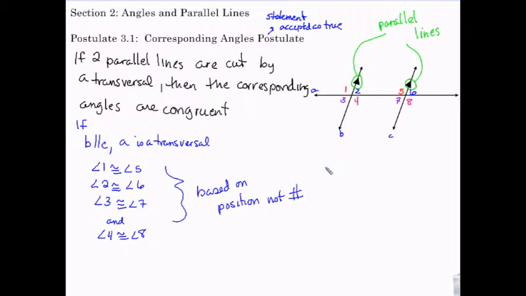It's about where they are in position. The reason this works is because if you have two parallel lines, the lines have the same slope. And so the slopes are going to be the same, which means that the distance from here to here is going to be the same. That makes the angles the same. So that's how that works.